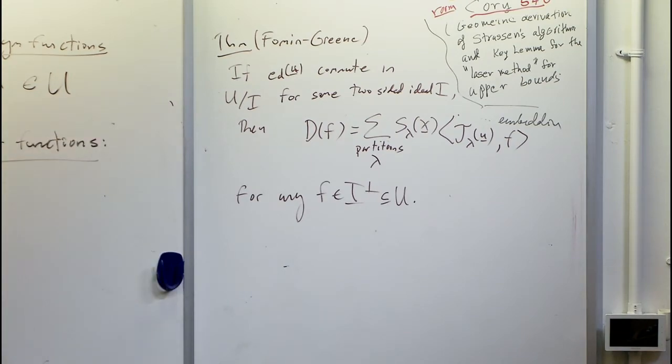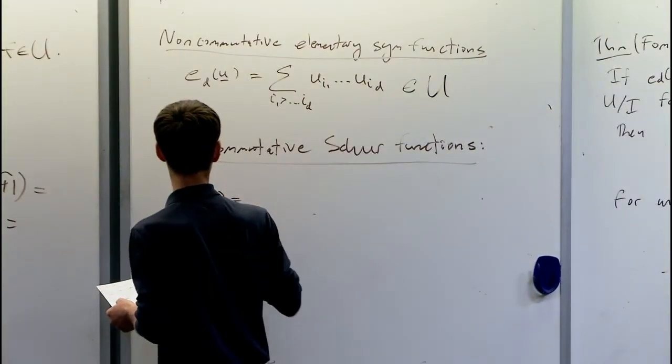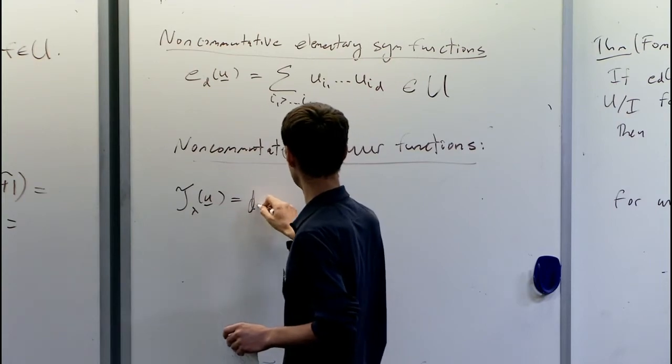So let me define these J lambdas for you. So this J lambda of U is going to be the determinant.